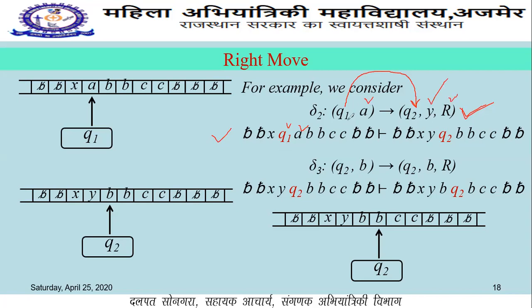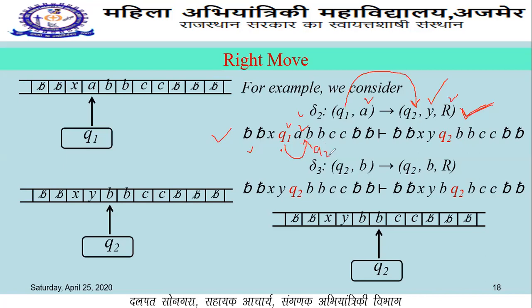So according to the matching of this scenario, our current state is q1 and we are reading A. So we applied delta 2 at this transition sequence. So this q1 is moved to this side in between A and B and becomes q2.